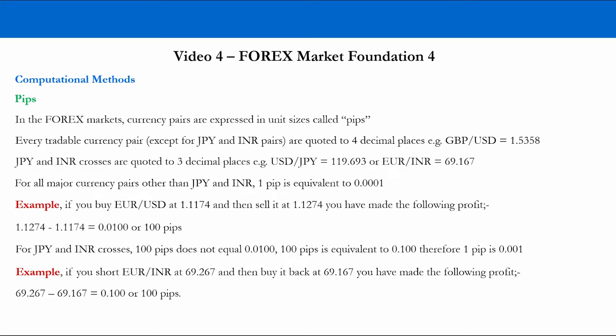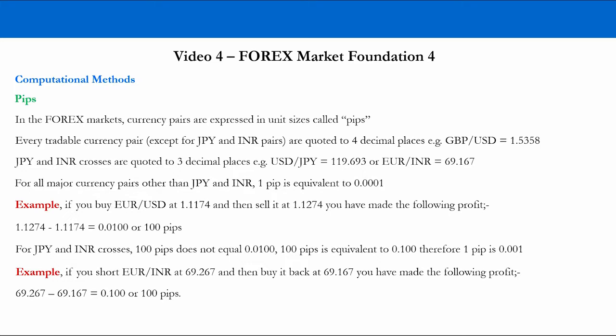And those currencies, the crosses that relate to those currencies, are quoted to 3 decimal places. So, for example, the sterling US dollar is quoted here as 1.5358, so to 4 decimal places, and the dollar yen is quoted as 119.693, so to 3 decimal places.